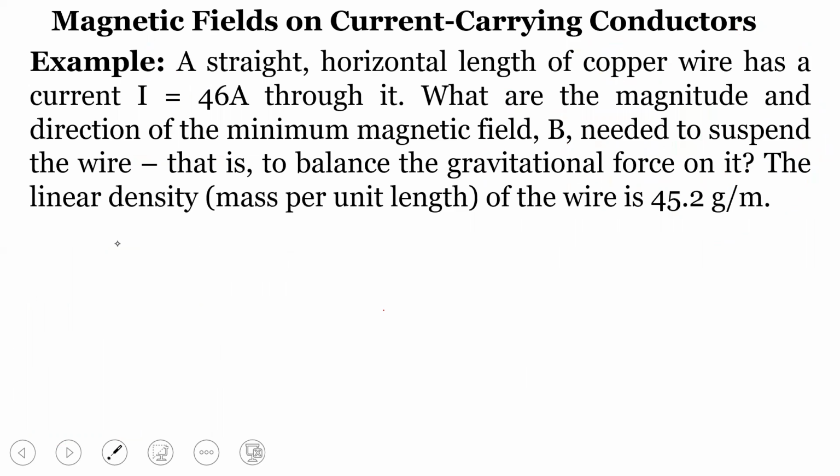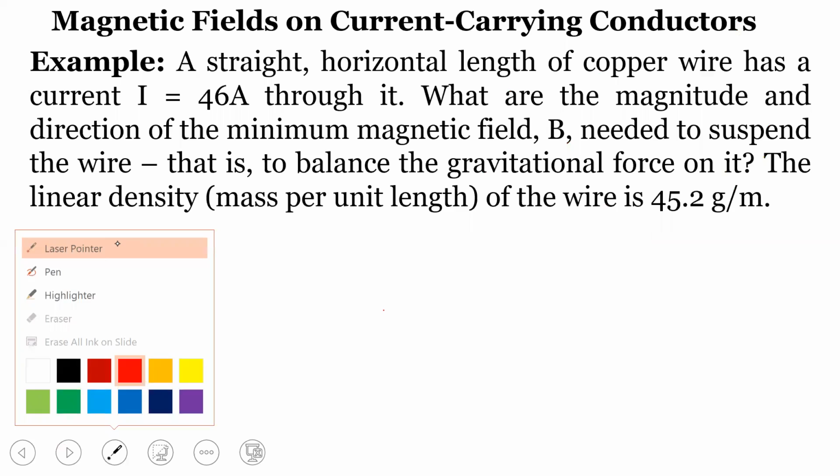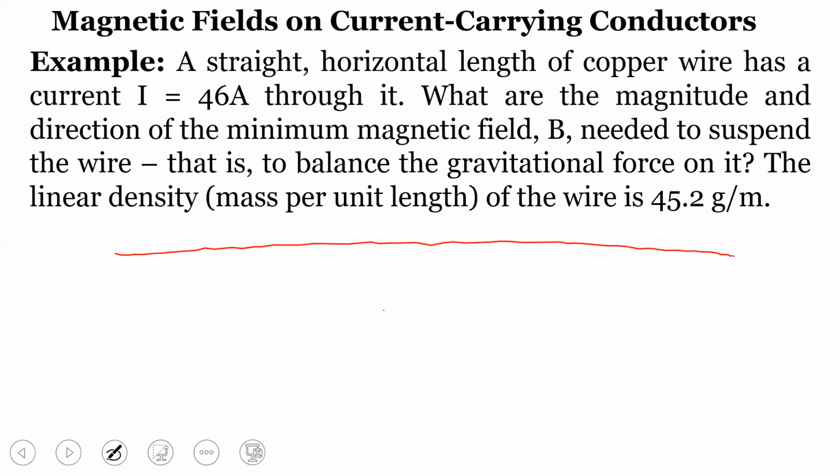So we have one example here. Let me see if we have time for that. It says a straight horizontal length of copper wire has a current I. Current I equal to 46 amperes.